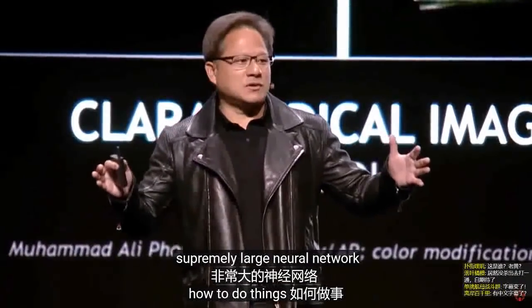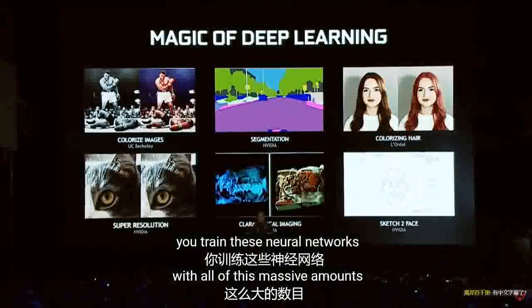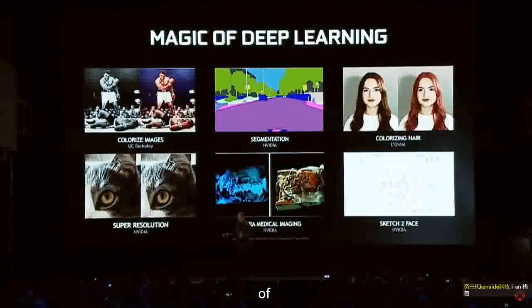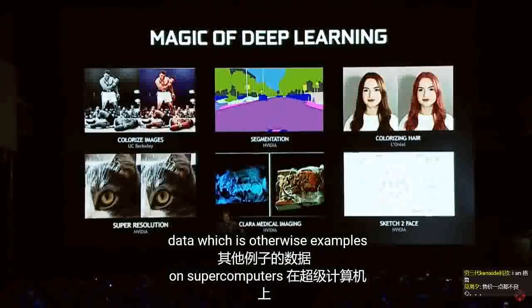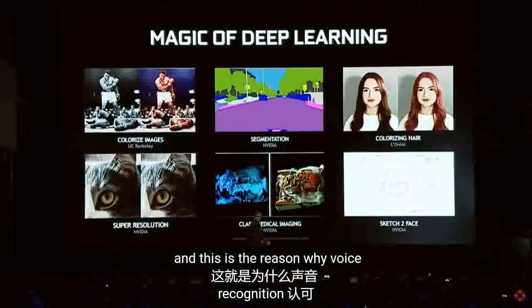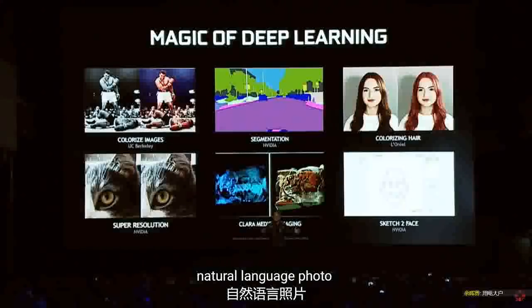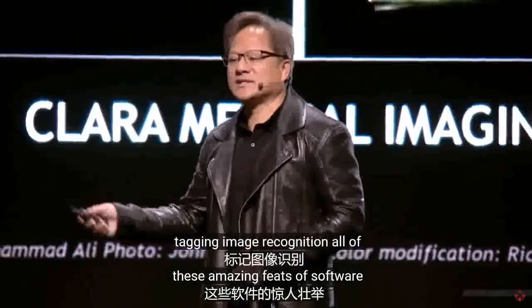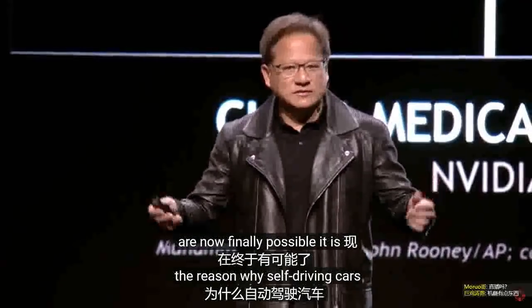You train these neural networks with massive amounts of data, which is otherwise examples, on supercomputers. And this is the reason why voice recognition, natural language understanding, photo tagging, image recognition, all of these amazing feats of software are now finally possible. It is the reason why self-driving cars is even within reason to fathom.